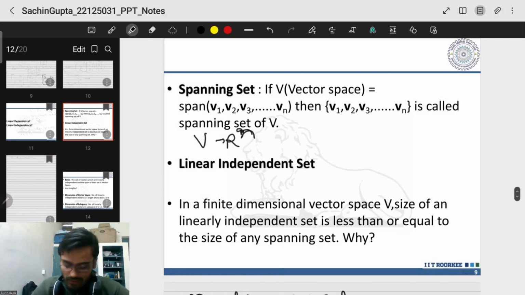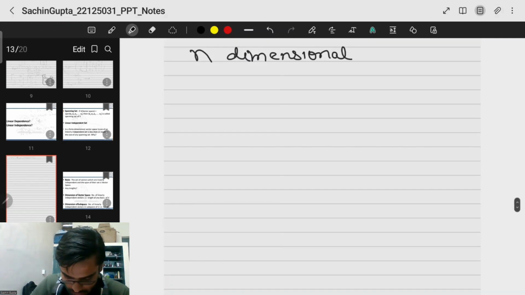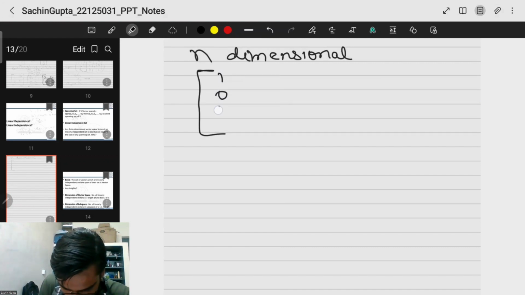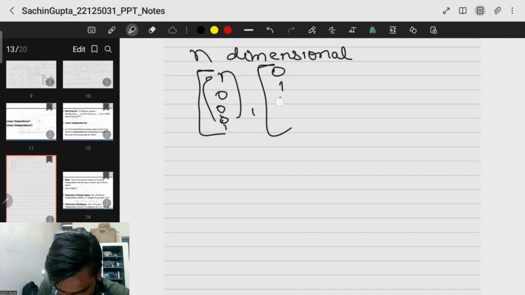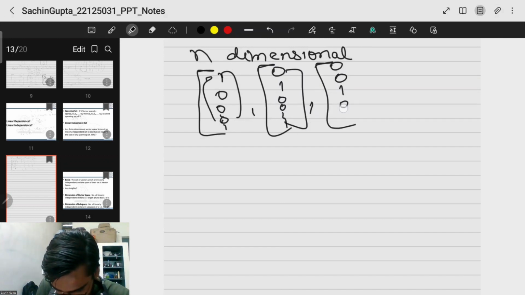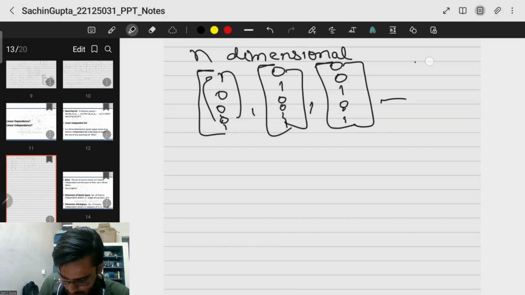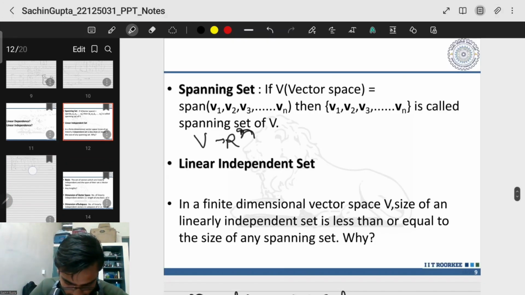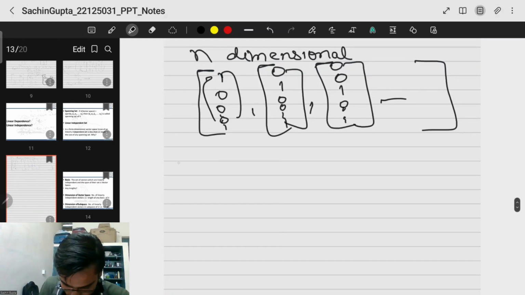For creating the span of a vector space, we definitely have n independent vectors. Those will be 1 0 0 dot dot, 0 1 0 0, 0 0 1 0 0. So the number of vectors present in a spanning set will be n for n dimensional.